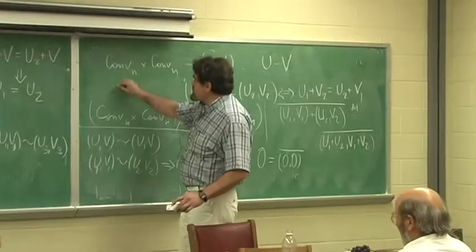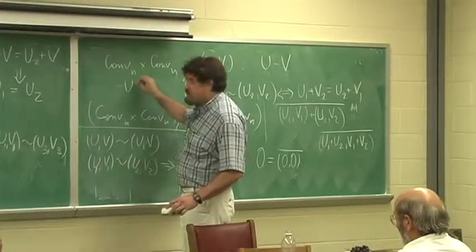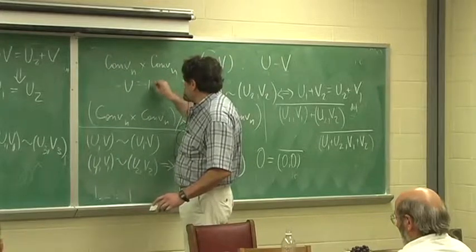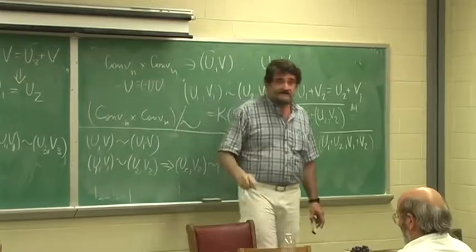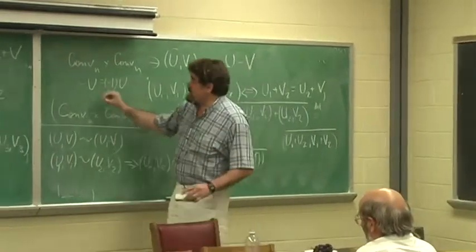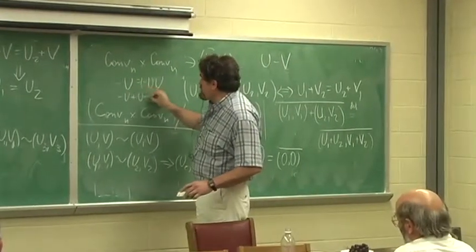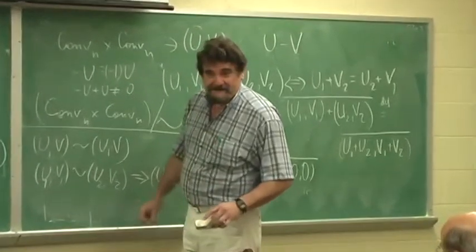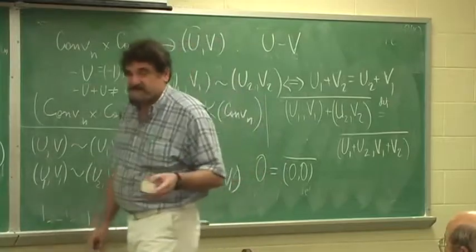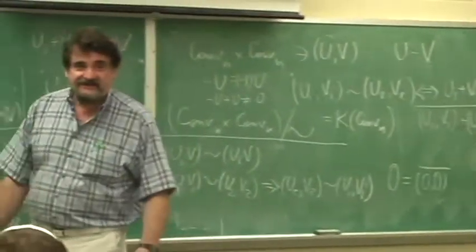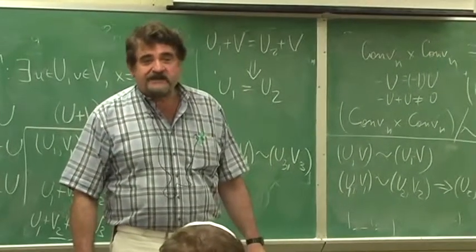You see, you could consider minus U to be minus 1 times U. That means multiply all elements by minus 1. But unfortunately, minus U plus U will not be 0. It is not a single point. That's the problem.